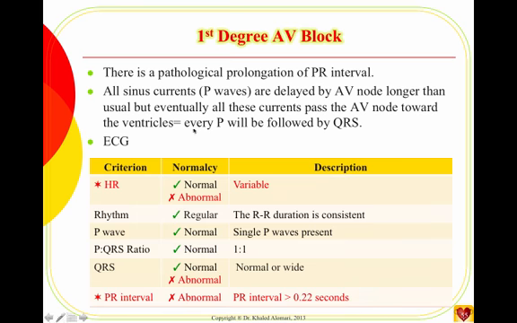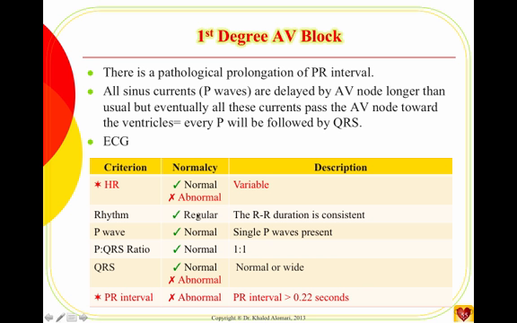So the ratio is 1:1. So what is abnormal here in the first degree is, first of all, let's look at the heart rate. The heart rate could be normal, but most likely will be low because, again, the delay of the P passing down to the QRS will also delay the contraction and make the heart rate usually low. This is a regular rhythm because the blockage is regular.